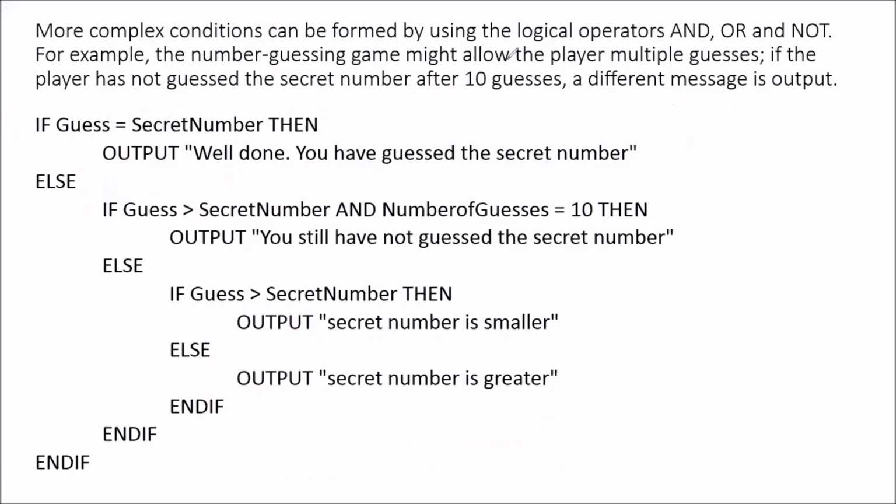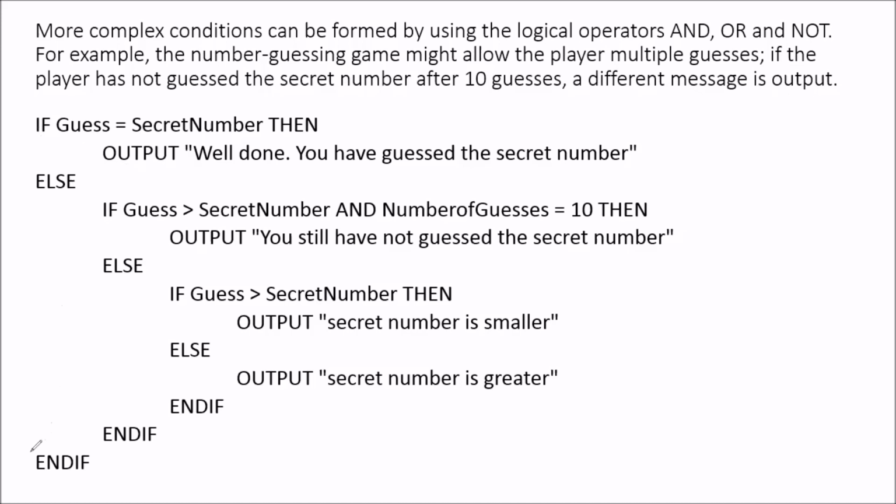Now there are a few other examples, like guessing a number. If you check this, more complex conditions can be formed by using the logic operators AND, OR, and NOT. For example, the number guessing game might allow the player multiple guesses. If the player has not guessed the secret number after 10 guesses, a different message is output.